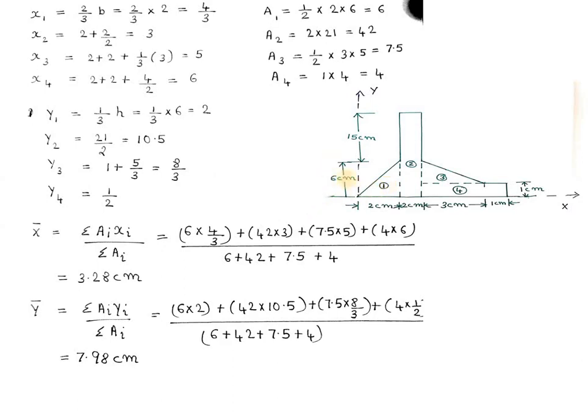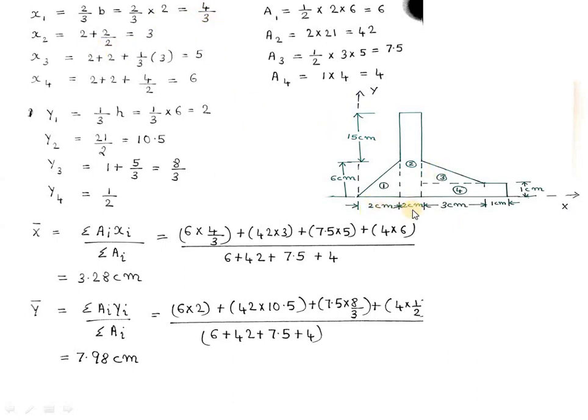But here we have to find out the distance from the axis considered, that is not at the right angle. So the centroid will be located at a distance of b by 3 from this end, but we have to find out the distance from here. So the distance of the centroid from this axis will be b minus b by 3, that is 2b by 3, that is 2 by 3 into 2 centimeter will give you 4 by 3.